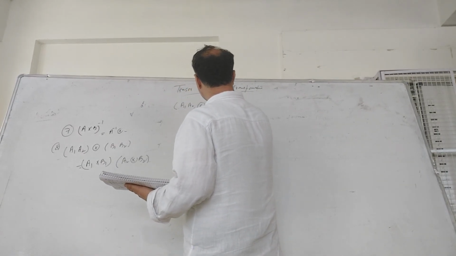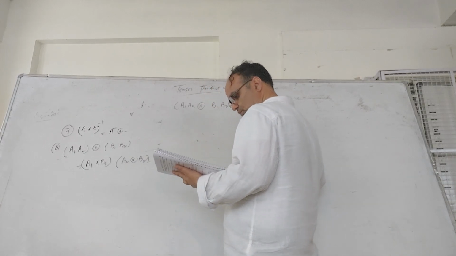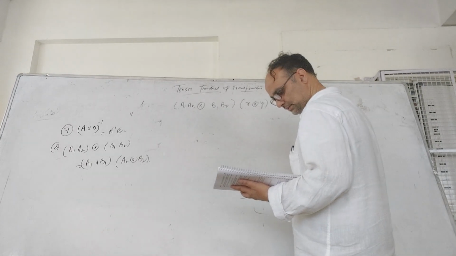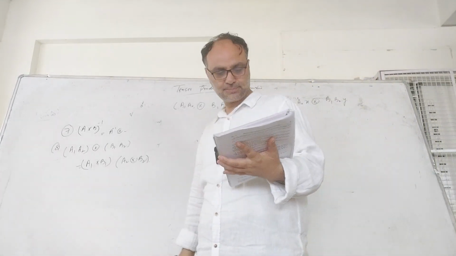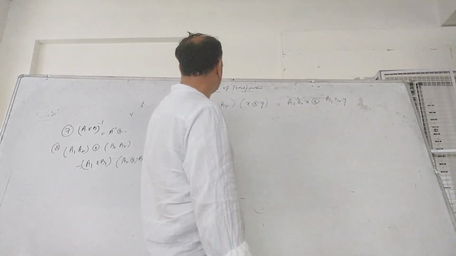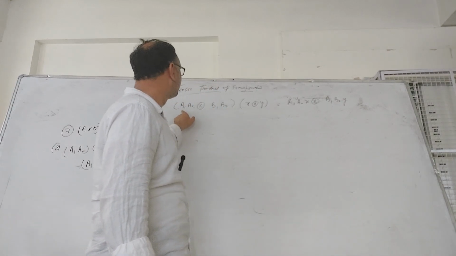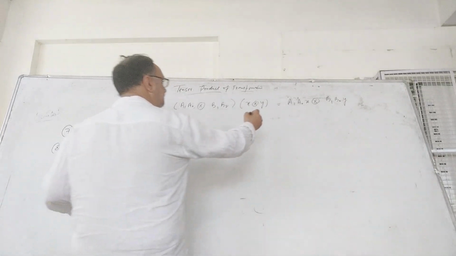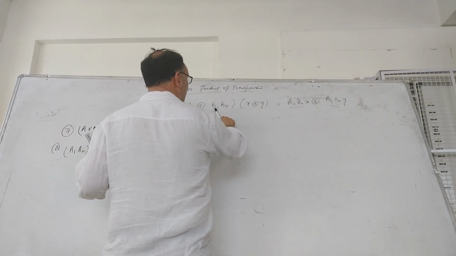A1, A2 cross B1, B2 applied to X cross Y. So you can write it as A1, A2 cross X, and B1, B2 cross Y. So we have A1, A2 cross X and B1, B2 cross Y. First we did this tensor product, then we did this.